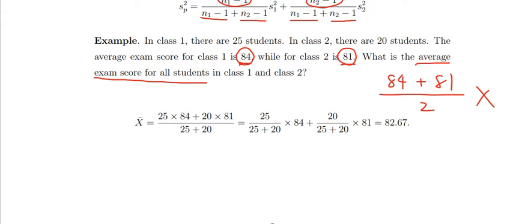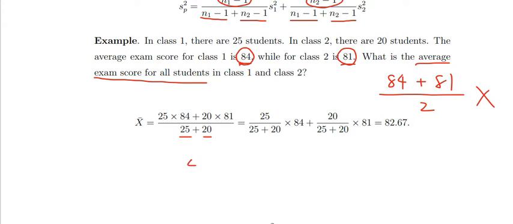So for the average for all, we should take total points divided by total people. For the total number of people, class 1 has 25 and class 2 has 20, so we have 45.